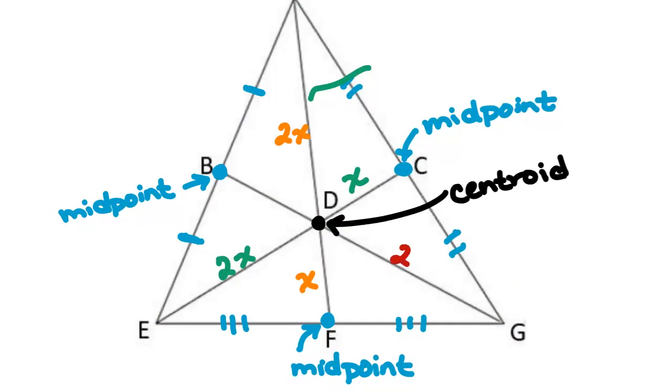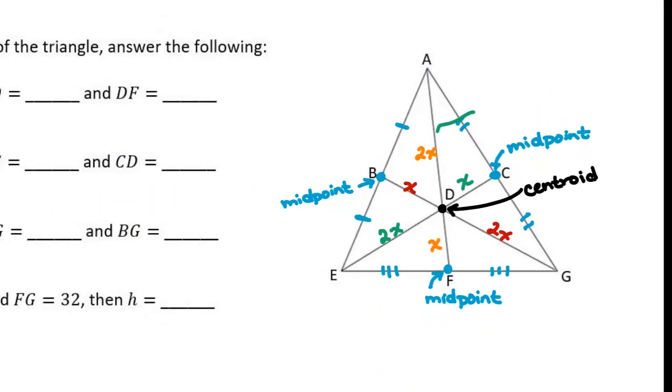That's the longer segment. And so what about this? X. Yes. Now, this is not to say that the length from D to C is the same as the length from D to F, because it's not. What we're saying is that along one median, the length from the corner to the centroid is twice as big as from the centroid to the midpoint.